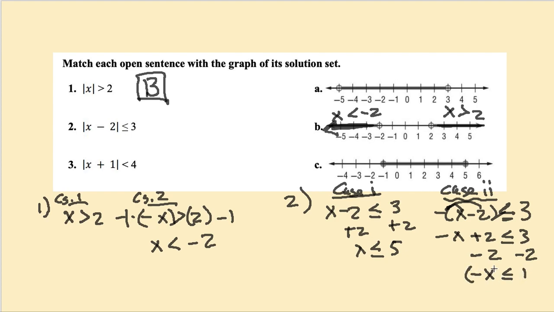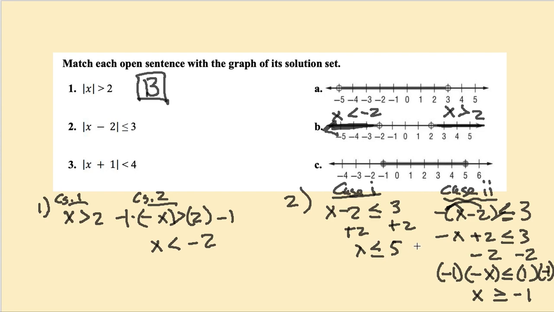Now, let's multiply both sides by -1 so that we can get rid of the negative sign in front of the variable. When you do that, the sign flips, and then you should get -1 over here. So you have x is greater than or equal to -1, and x is less than or equal to 5. So this is going to be an intersection.